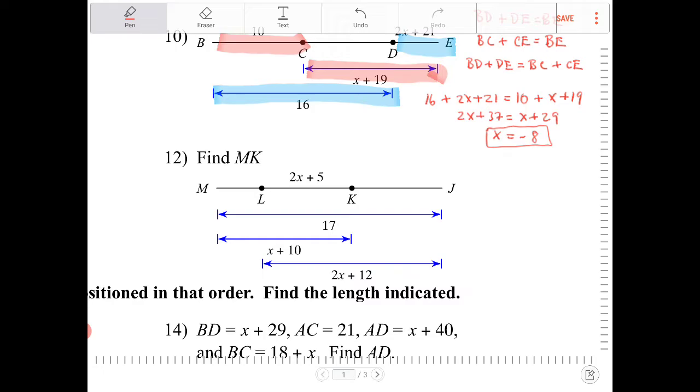That's good. I'm told this length here is MK. I'm also told that this length right here is LJ.